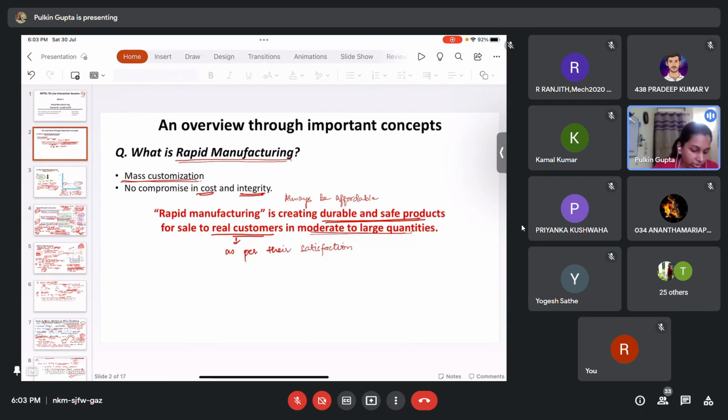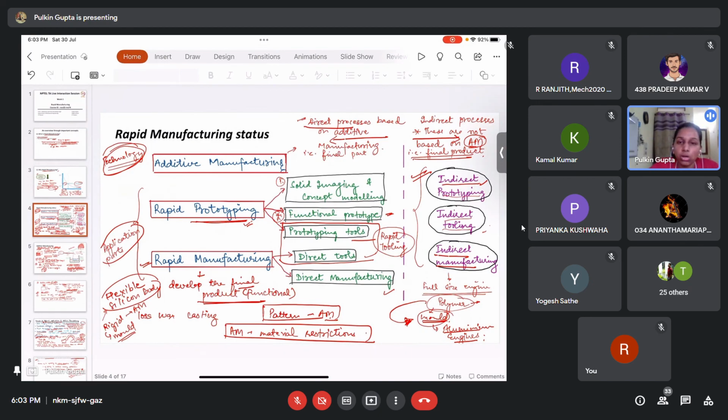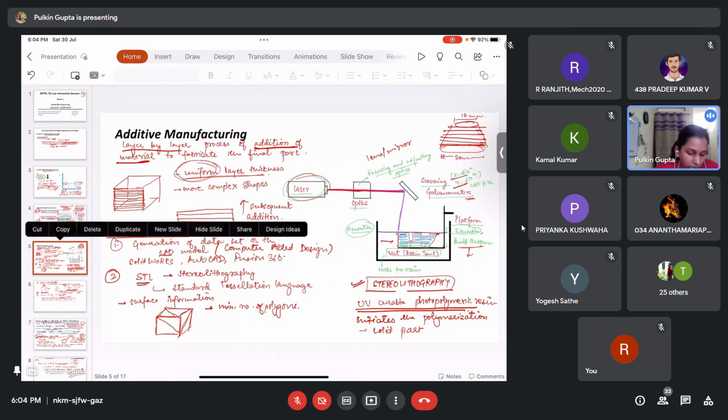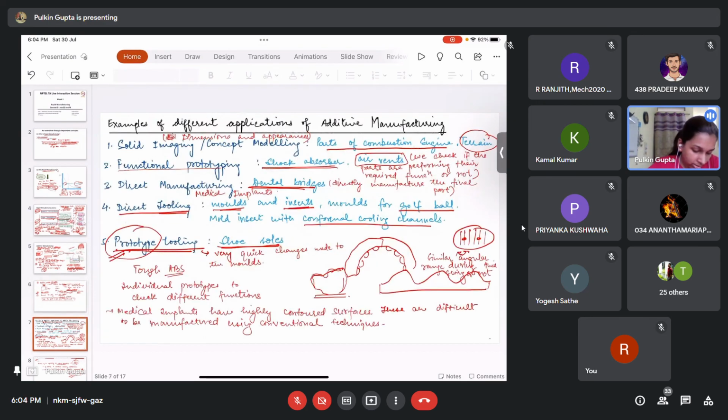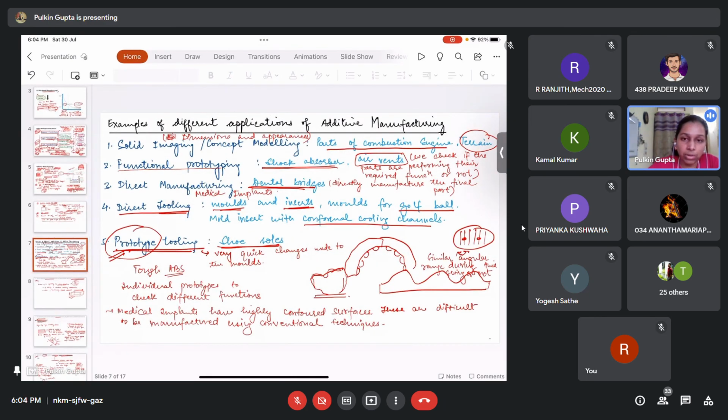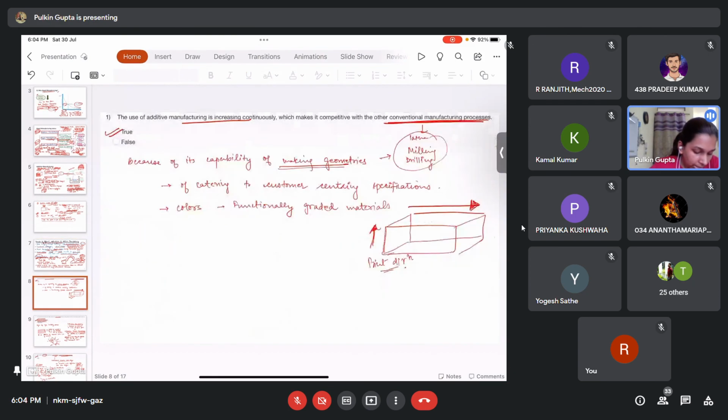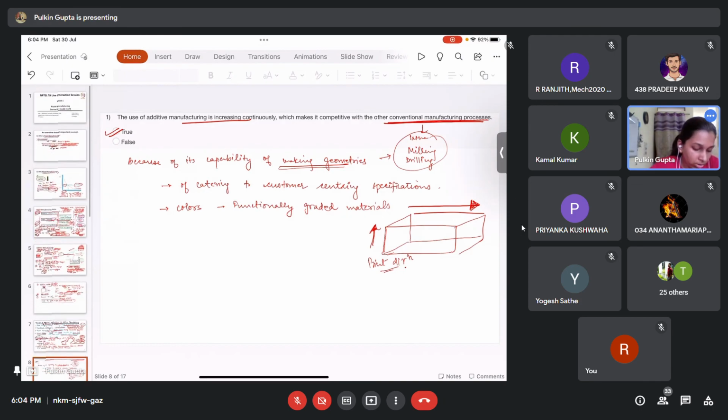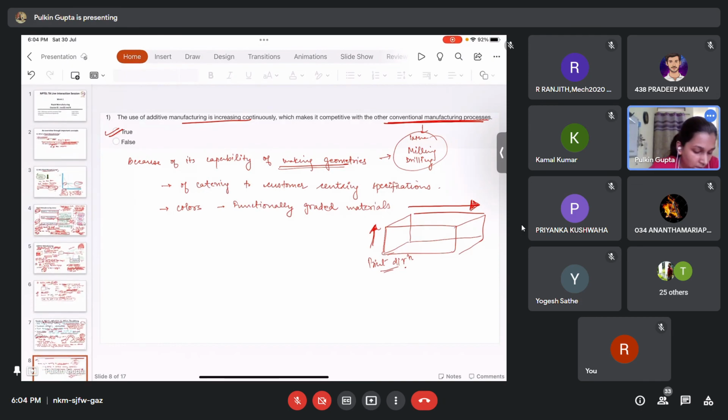Then we talked about the status of rapid manufacturing techniques and how they are being implemented at the prototyping, tooling and manufacturing level. We saw additive manufacturing in detail with its definition, workflow and one of the techniques. Then we had examples of different applications, and then we discussed sample problems for additive manufacturing techniques.